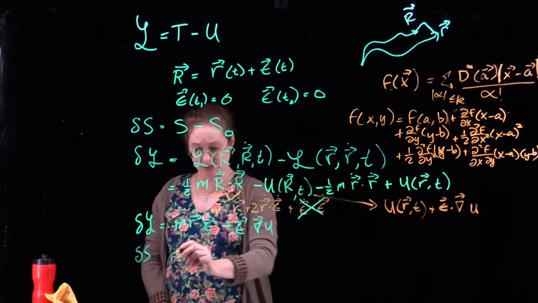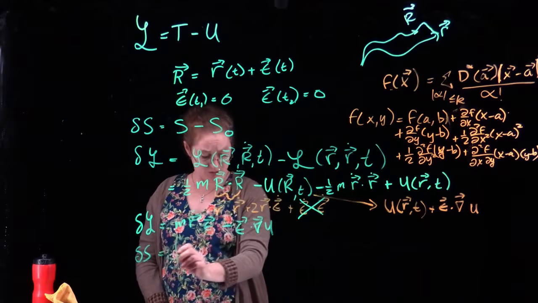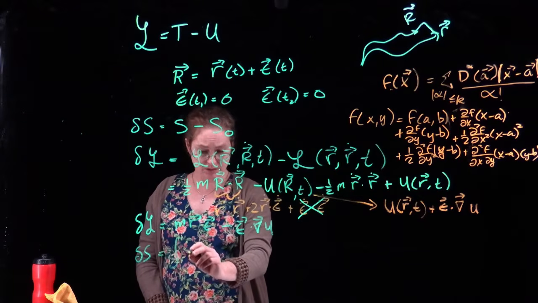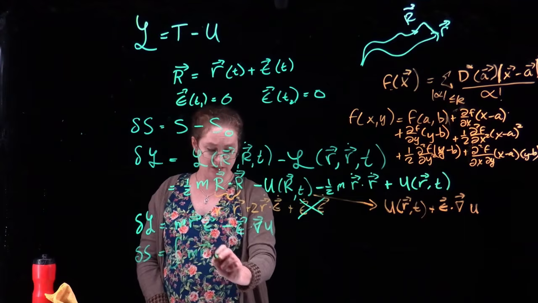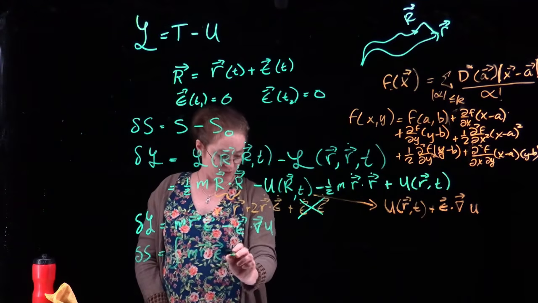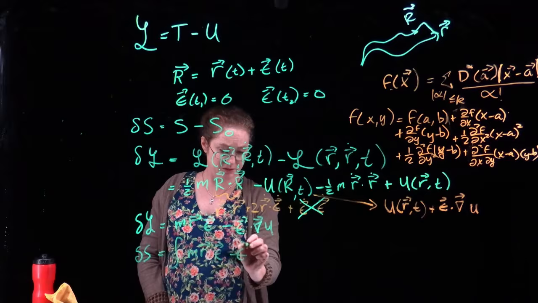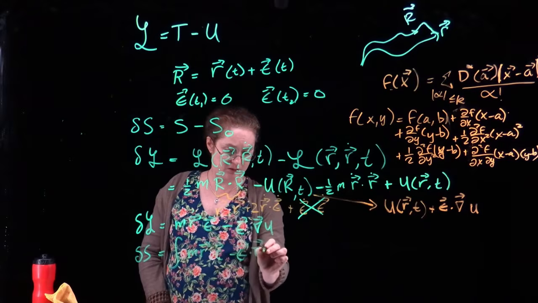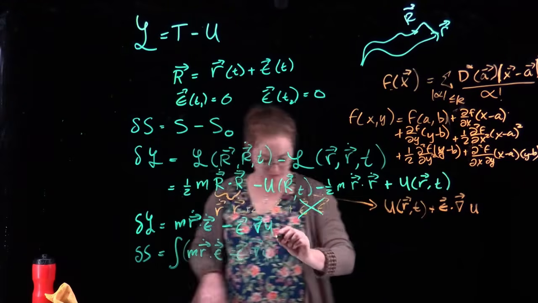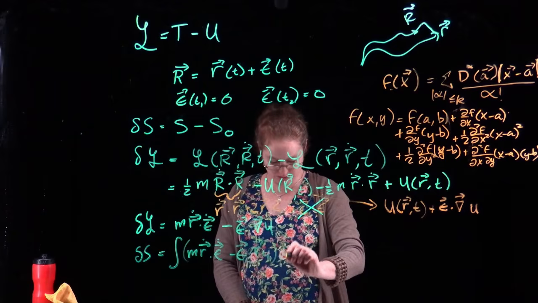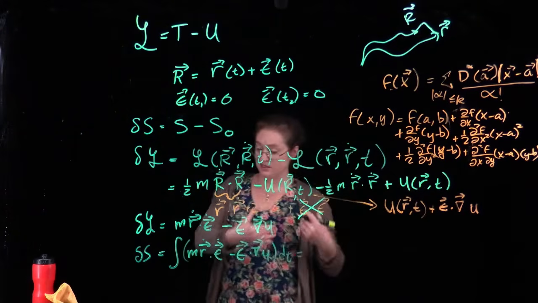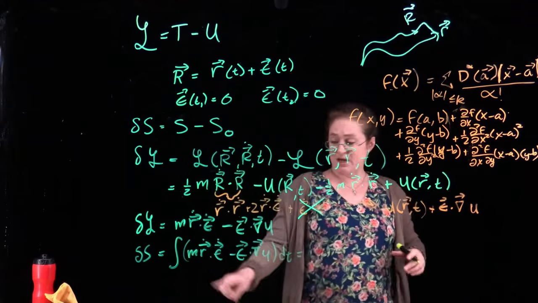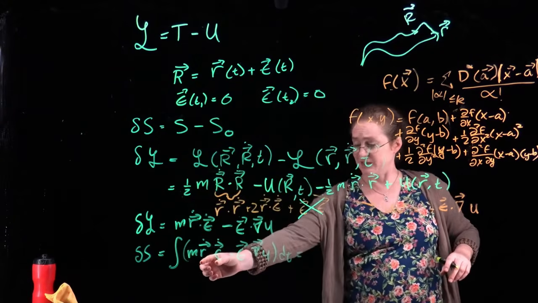So delta S is the integral of m r dot epsilon dot minus epsilon dot grad u dt. I will not go through this because I went through this in the lecture on chapter 6. We can integrate this by parts.